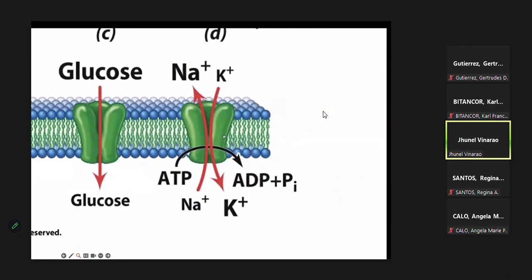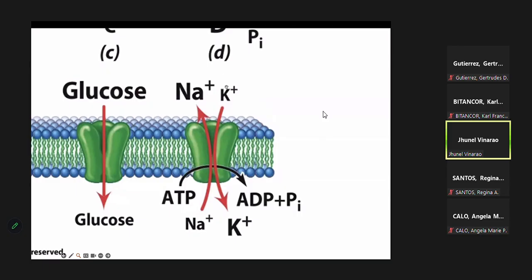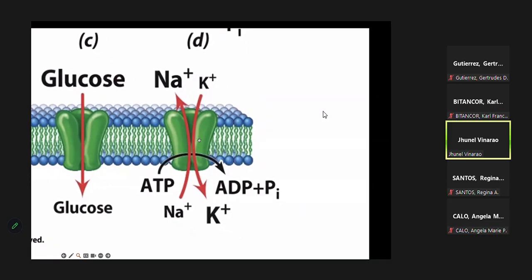An example of the sodium-potassium transport is in neurons, right? As you know, information travels because of the potential difference inside and outside of the cell, the movement of sodium and potassium. The information travels because of this, and the sodium-potassium pump is involved here. For this movement, we need ATP.